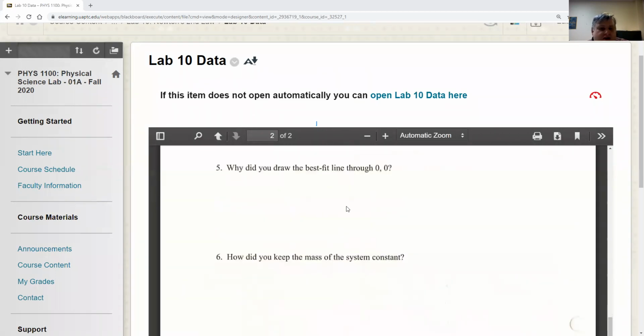So if you have no force on the hanger, basically you don't have a hanger there at all, and it's just the cart sitting on the air ramp with nothing attached to it. What is the cart's acceleration going to be? The cart's acceleration is going to be nothing. It's just going to sit there because there's nothing pulling on it. So if I have no force, I'm not going to have an acceleration.